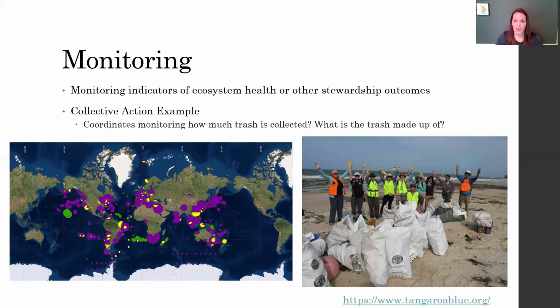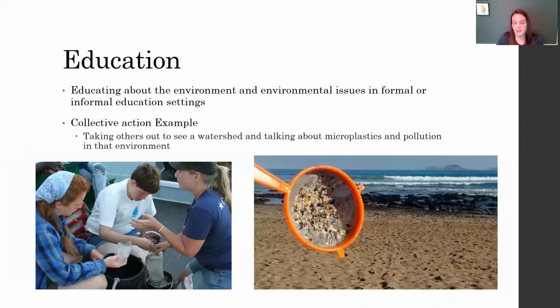So you can see this map over here is actually a map indicating these shorelines and the amount of pollutants that have been collected from those shorelines. And this type of monitoring can really help change and provide information to understanding what is actually happening in an ecosystem. So that's another form of collective action.